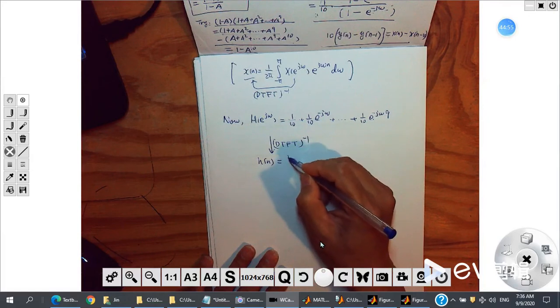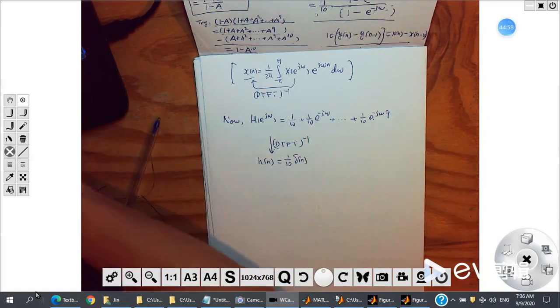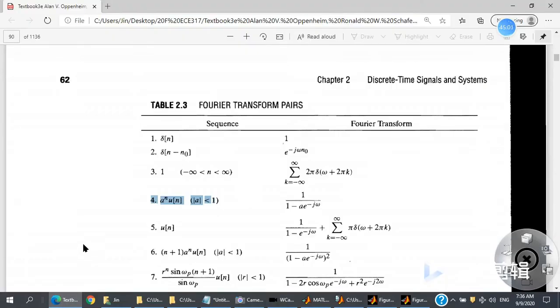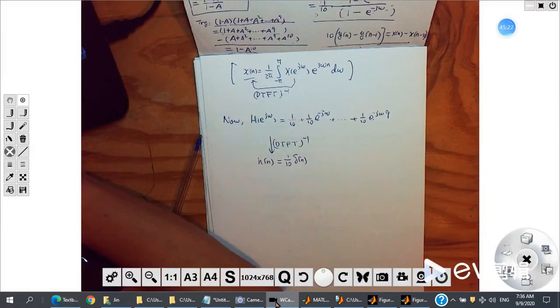Do I have this in my table? Yeah, you see? In the frequency domain it is 1, then going back is a delta. And if in the frequency domain it is an exponential power, then in the time domain it is a shifted delta, right? Shifted delta. Okay, so let's go back to our problem here.